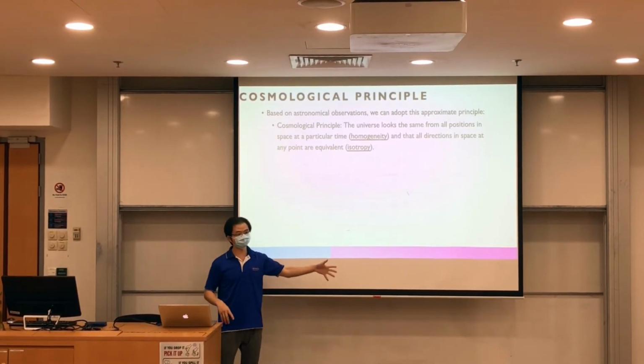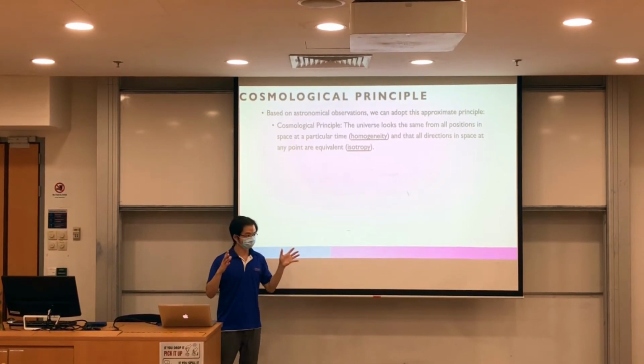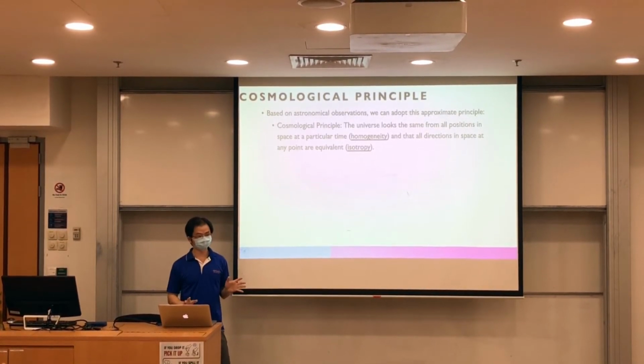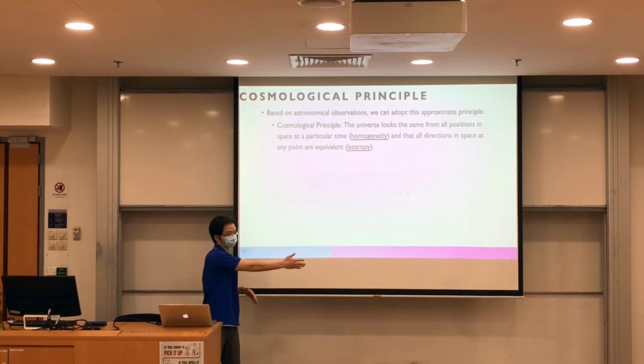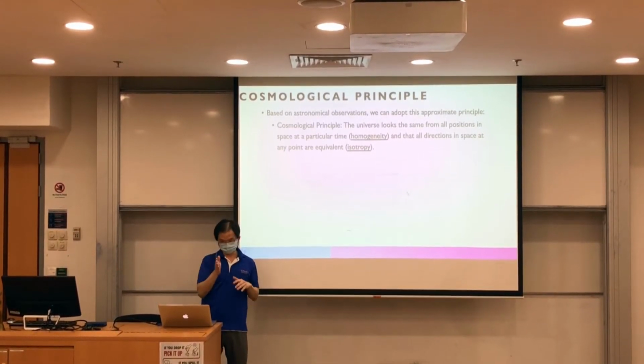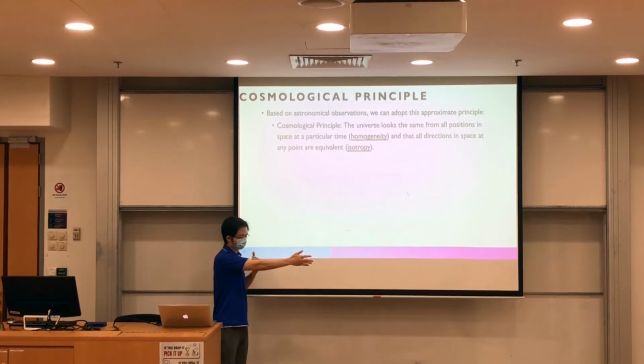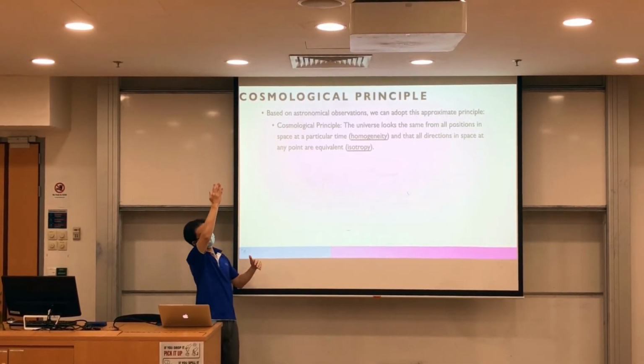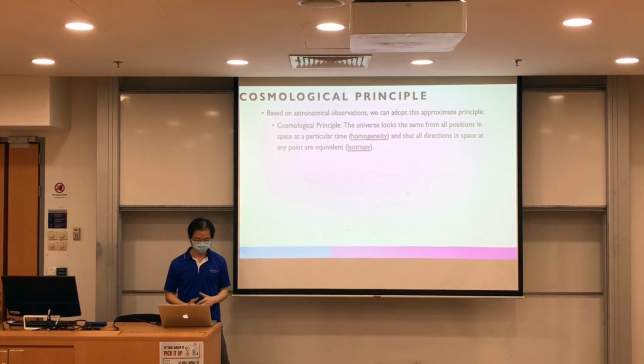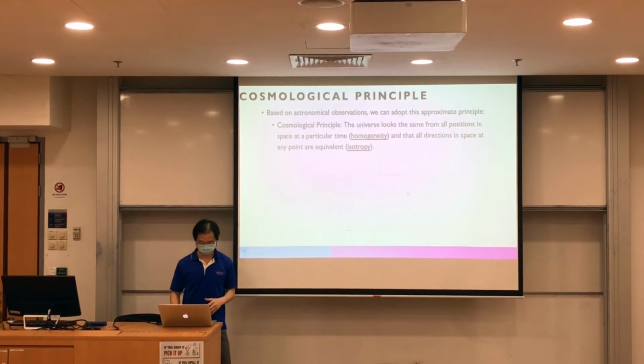I go to another galaxy, I look around me, it also looks homogeneous. It looks the same. That means everything is distributed uniformly. And we also assume that it is isotropic, meaning that in any direction it looks the same. So in this direction, it looks like there's uniform distribution. Now I turn to this direction, it also looks like there is uniform distribution. Or if I look at this direction, it is also like having a uniform distribution.